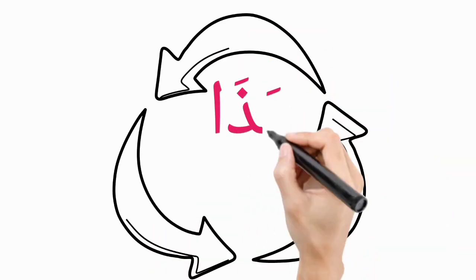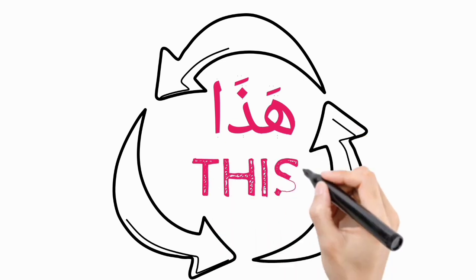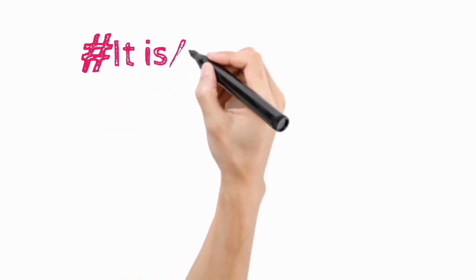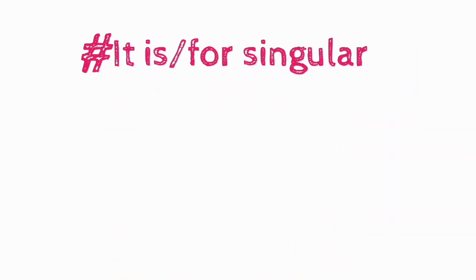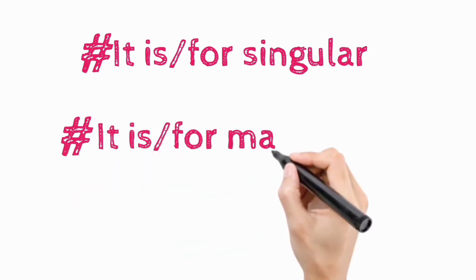Now looking into them individually, here we have haza, which simply means this. Some of the features of haza is that it is for singular, that is to say haza in its natural form is singular, which means that haza is only used to address things that are singular.